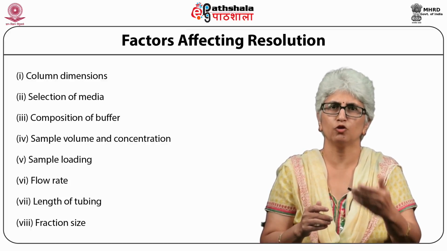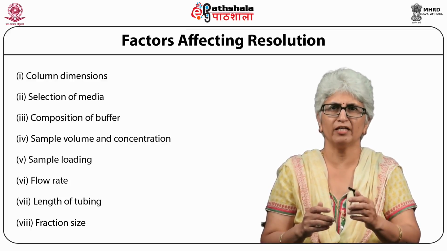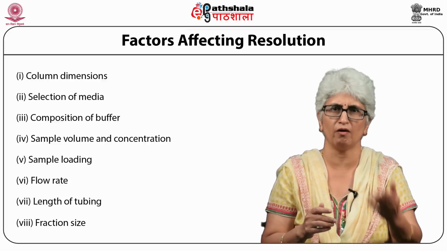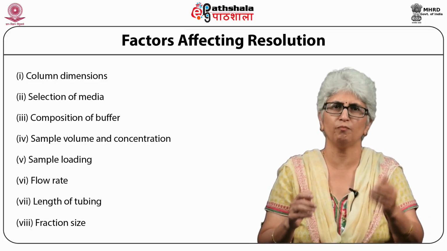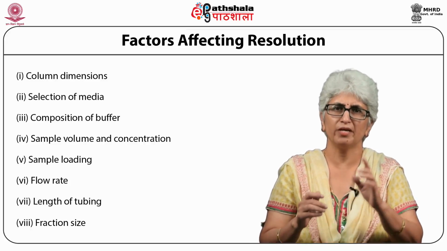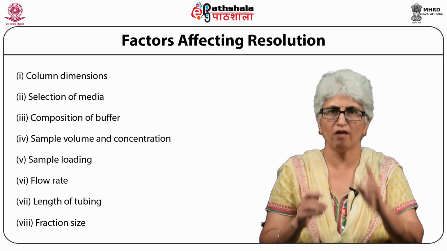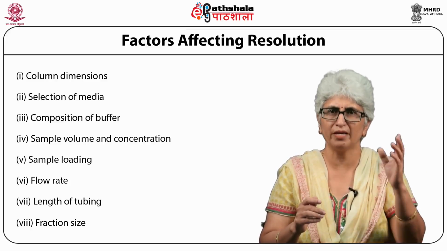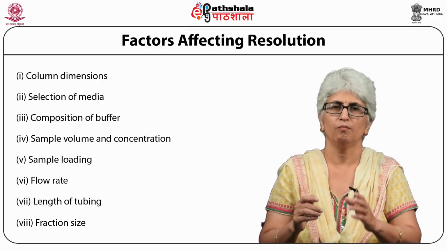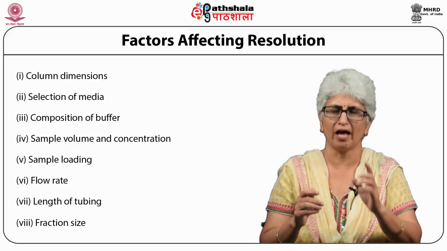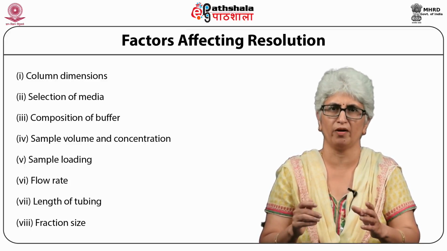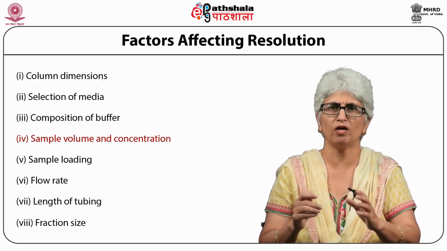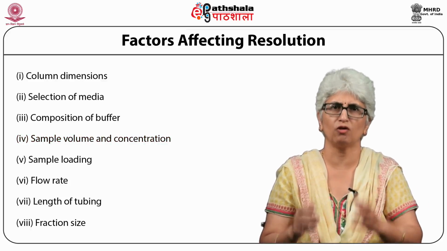Extreme buffer pH should also be avoided, otherwise it could disturb the conformation of the beads of the resin. The pH of the buffer should always be away from the pI of the target protein. Buffer should be prepared in high quality double distilled water and filtered properly so that it does not have contaminants that can choke the column.